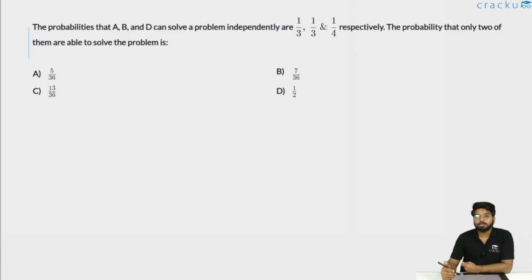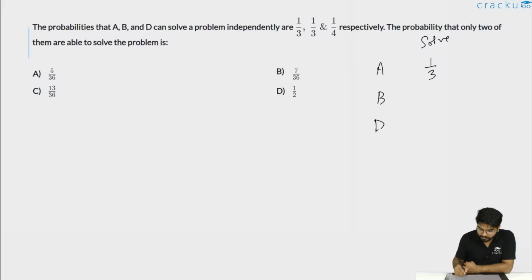Now we know that the probabilities of doing something and not doing something sum up to 1. We are given that if A can solve the sum, the probability is 1 by 3. Similarly for B it is 1 by 3, and for D it is 1 by 4. Now this is the probability that they can do it.